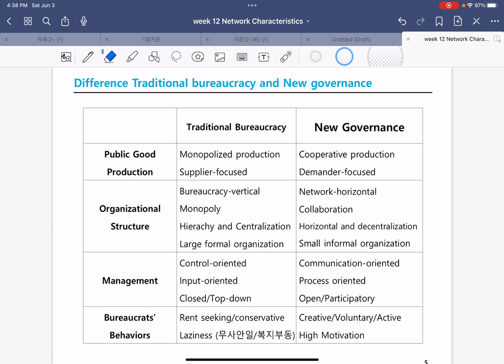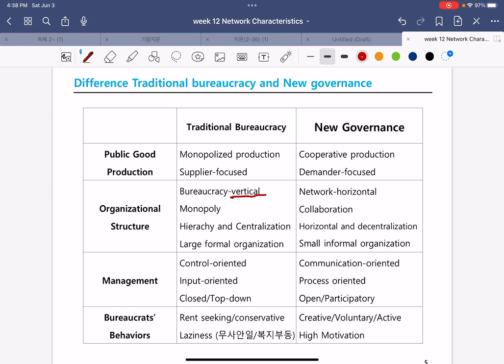Also, in terms of organizational structures, as I said, the traditional bureaucracy is vertical, and the public service is provided in a monopolized way.